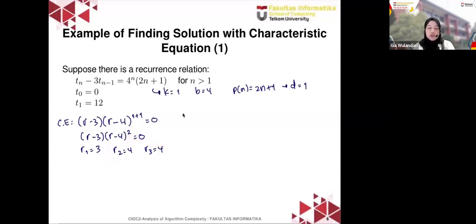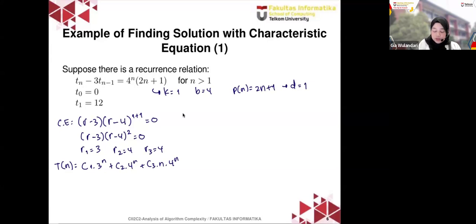So we have two solutions for r. And this means Tn will be C1 times 3 to n plus C2 times 4 to n. And remember, we discussed it last week. If we have double factors like this, we will need to multiply it by n. Okay, so we have C3 n times 4 to n.